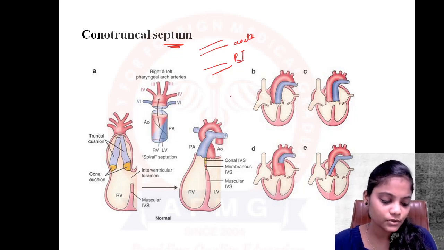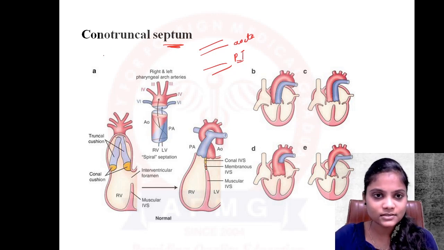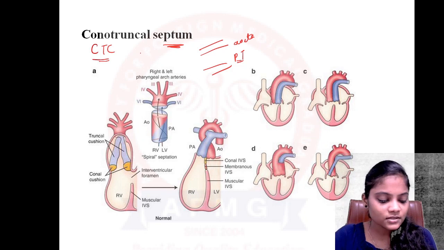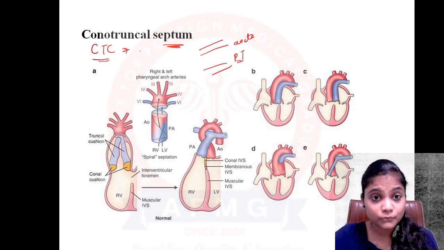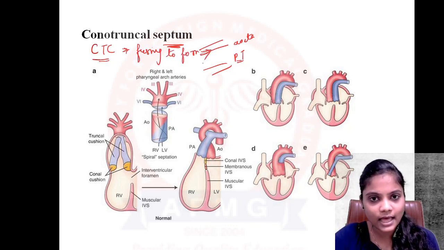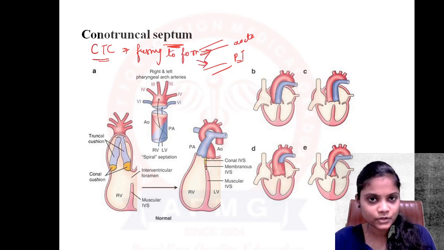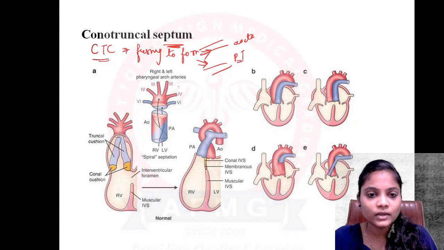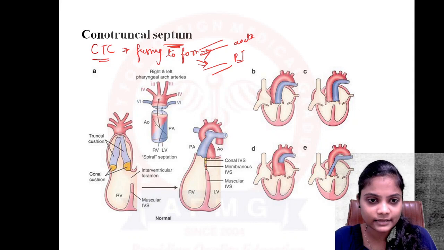So what is the importance of this? This conotruncal septum, we remember it as CTC. This conotruncal septum is fusing to form what? The aorta and the pulmonary trunks. That is the importance of this conotruncal septum. You can see there are cushion-like things.